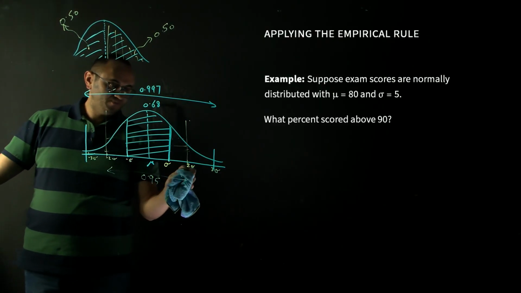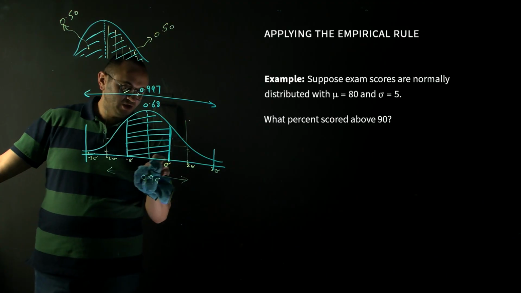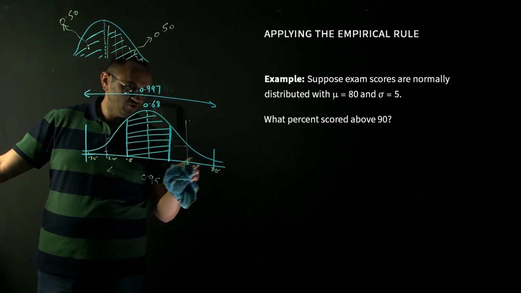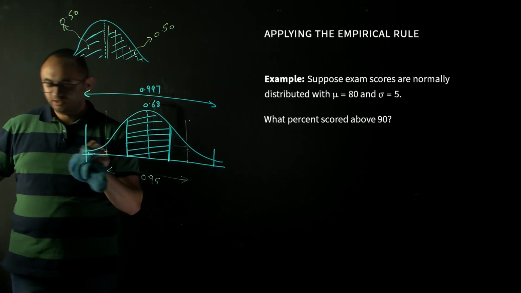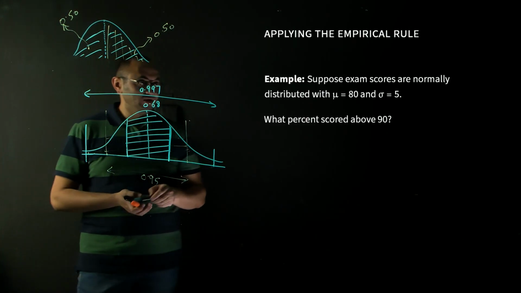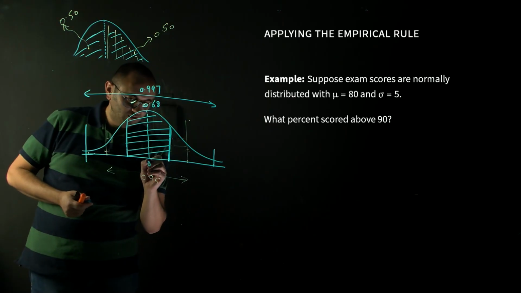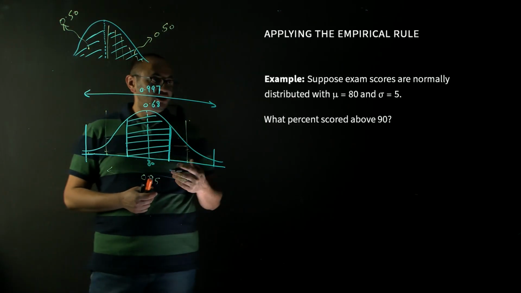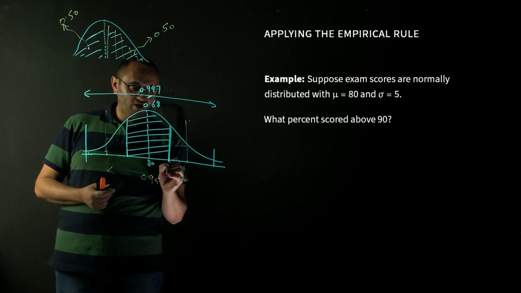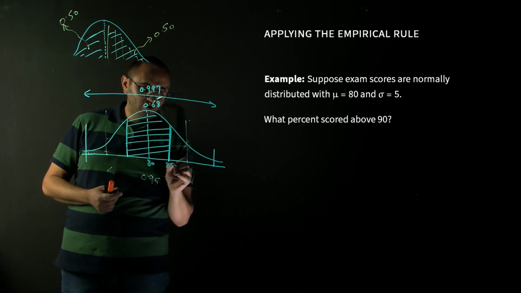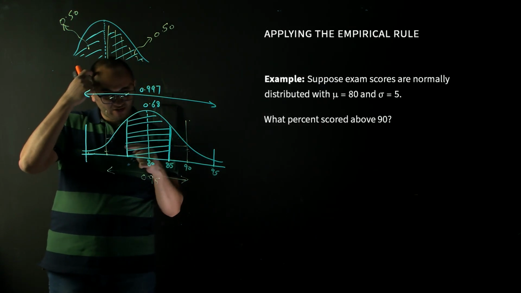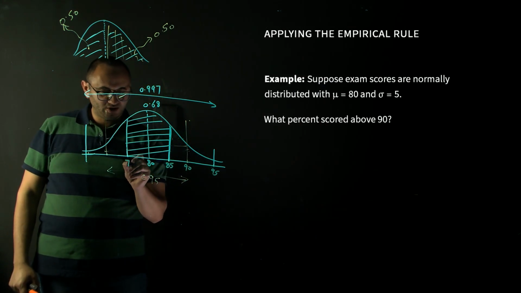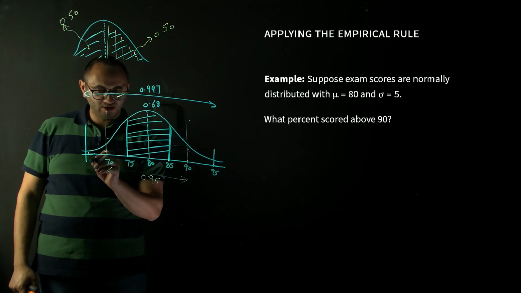All right, so instead of mu, I'm going to write the exact value of mu and the exact value of sigma. Right, so based on this example, mu is 80 and sigma is 5. So I'm going to add 5 here. So 85, 90, 95. And if you subtract 5, so this is 75, 70, and 65.